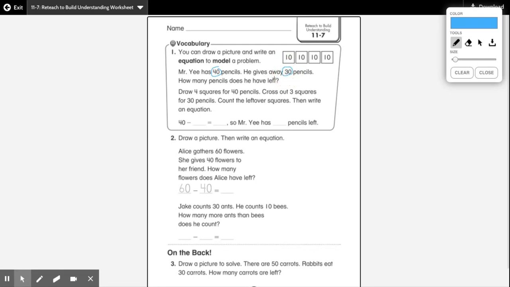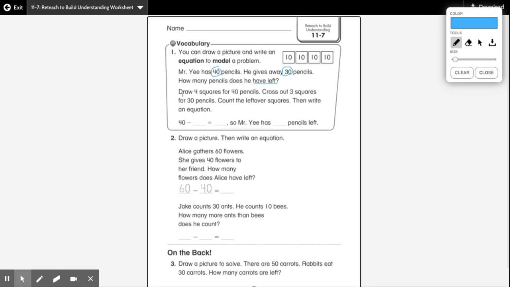Gives away. What do you think that means? Are we going to be adding or subtracting? Subtracting, right? Because he's giving away, so our number is going to get smaller. How many pencils does he have left? Have left. That's my little hint that tells me we will be subtracting.